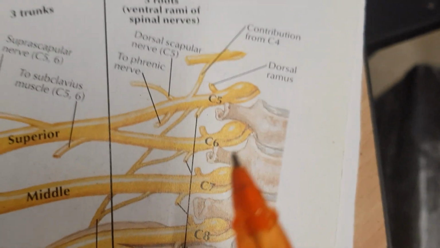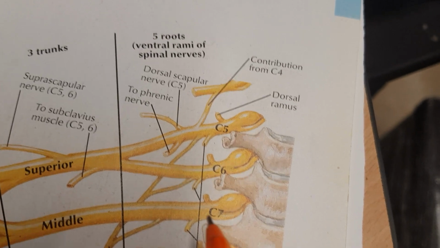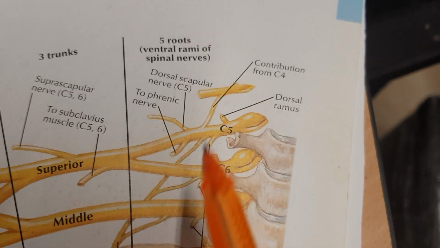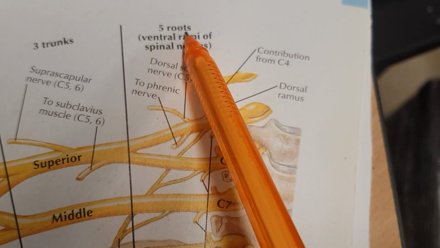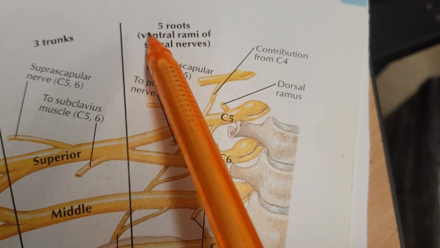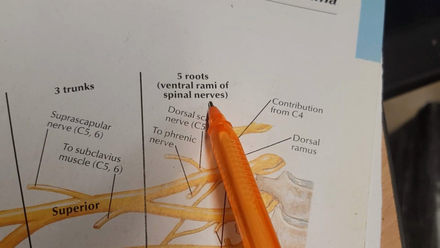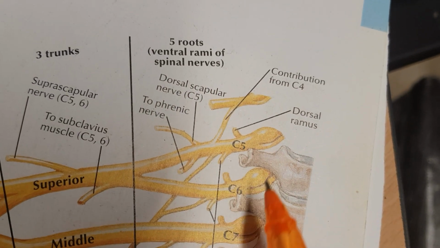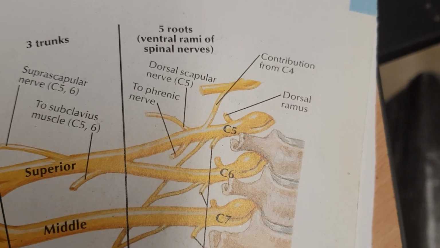So in other words, the roots of the brachial plexus are actually the ventral rami of the spinal nerves. Look at it up there. The 5 roots of the brachial plexus are the ventral rami of the spinal nerves. The dorsal rami will not be part of the brachial plexus. This part is going to supply the muscles right at the back.